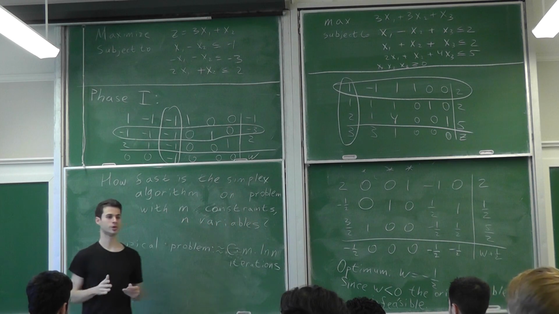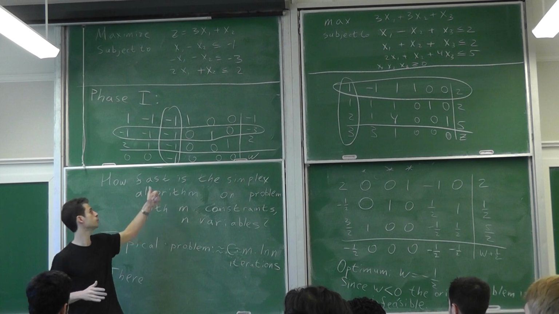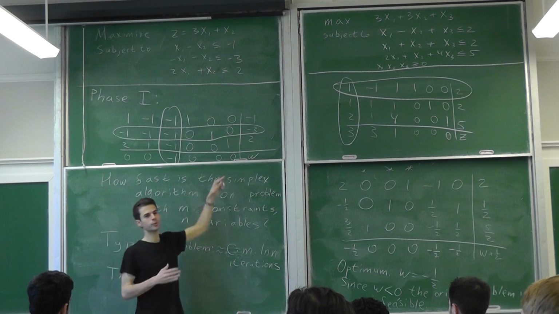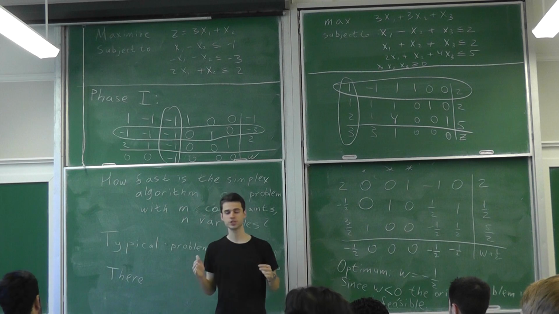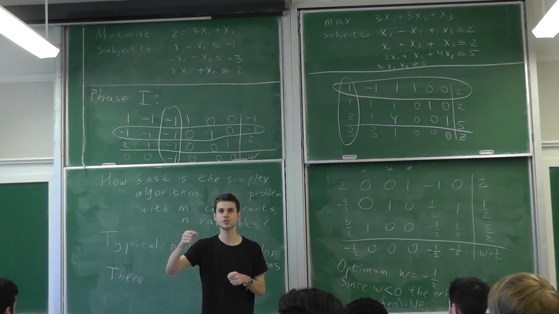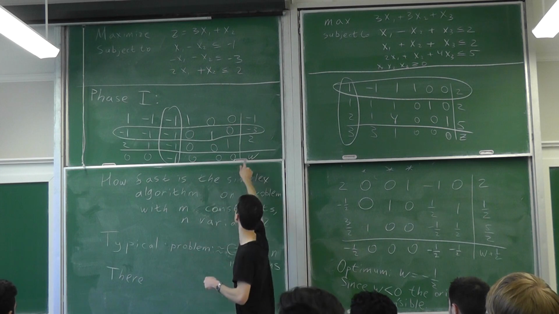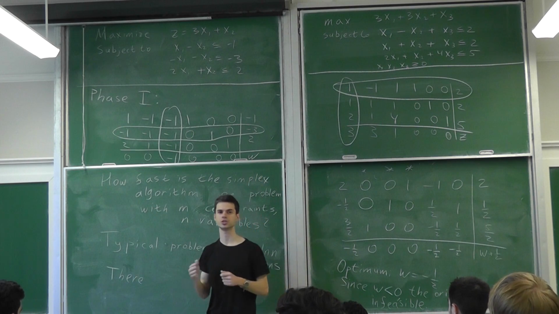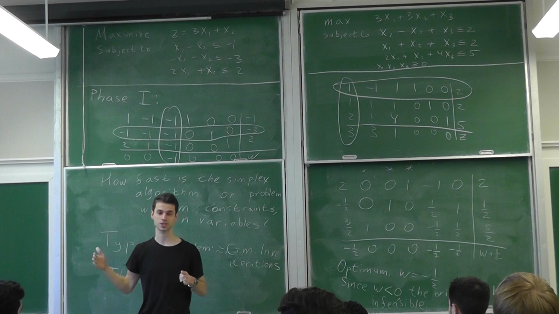Other rules, maybe there is a rule which tells you look at all possible coefficients which are positive and see how increasing this particular coefficient will affect the objective function, and choose the one which makes it the largest.